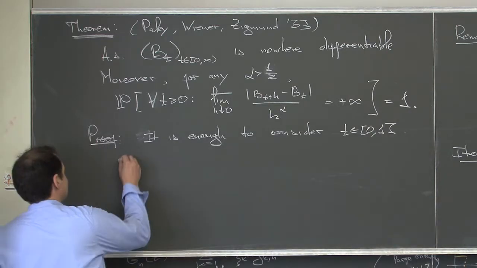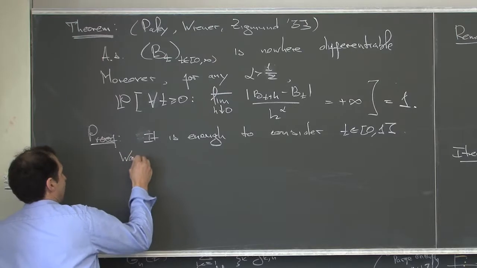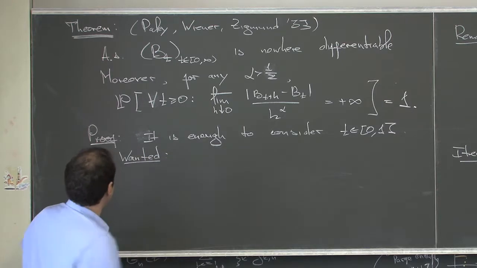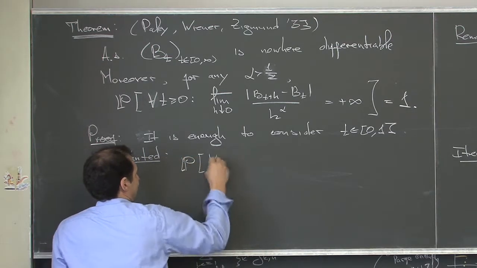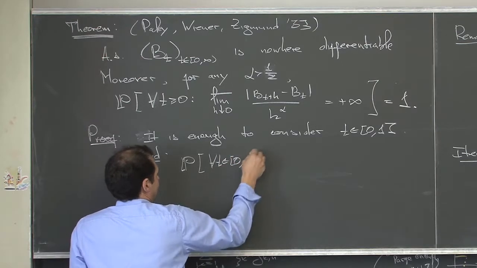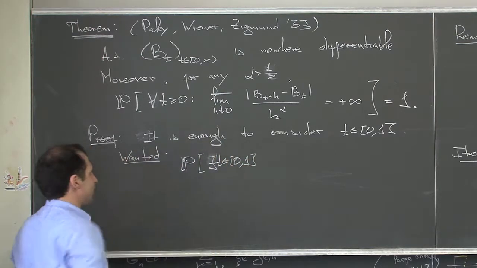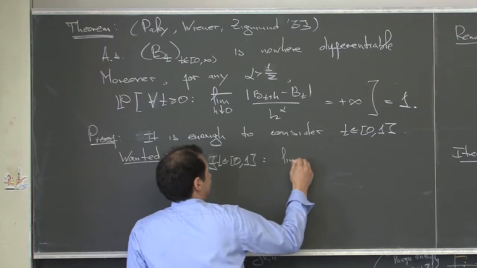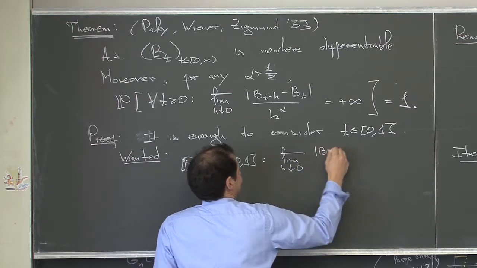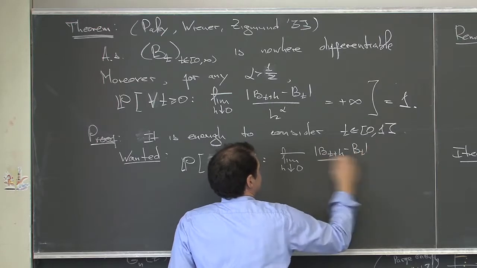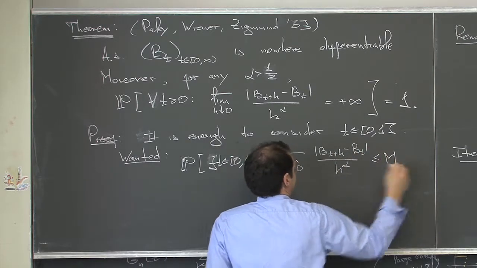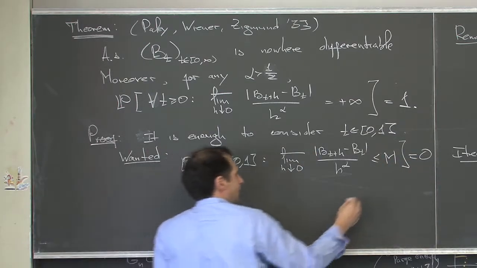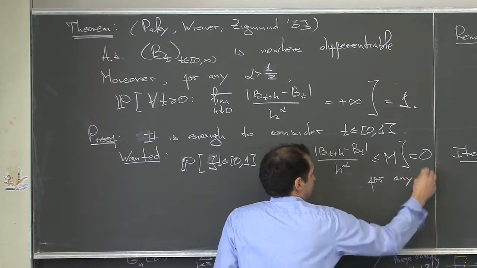So what is wanted? We want that the probability, I'm going to take the negative, the probability that there exists some good point such that this is finite, is 0 for any m.